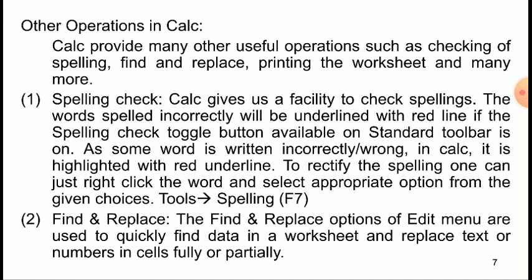If the spelling check toggle button available on the standard toolbar is on, words written incorrectly are highlighted with a red underline. To rectify the spelling, one can just right click on the word and select the appropriate option from the given choices. Click the Tools menu and then Spelling. Otherwise, you can click the F7 key. That opens a dialog box for the spelling check.